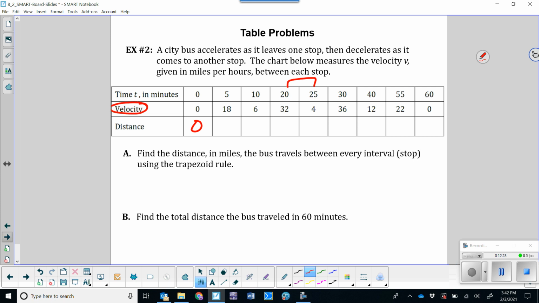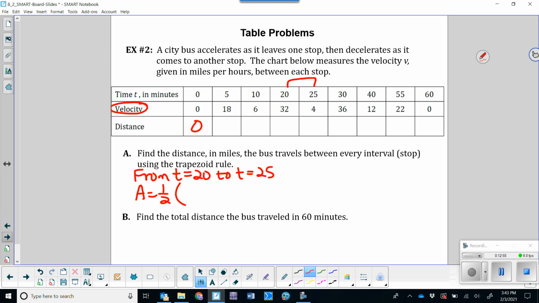So if I want to do from t equals 20 to t equals 25, I'm going to use the trapezoid rule to get that, because I'm going to use the area to estimate that value. So the area is going to be 1/2 of, now be careful here, this is another thing to be super careful about.